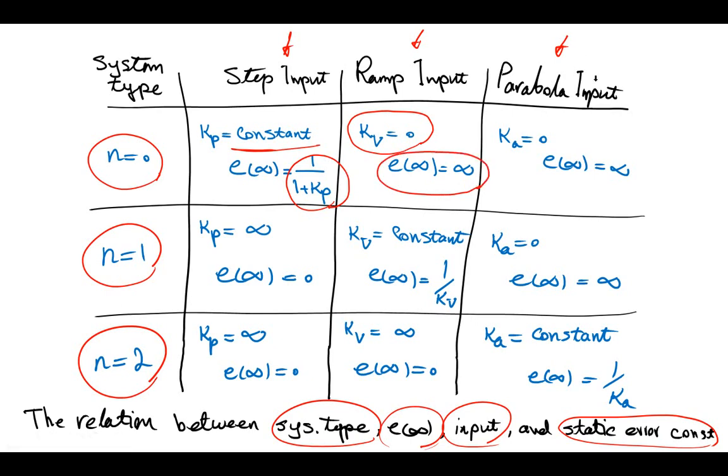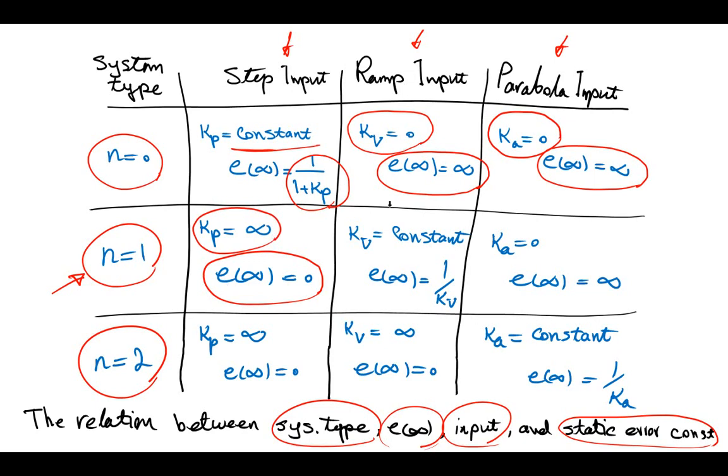The parabola input, system type 0, which means no pure integrator, a steady state error will be infinity, and the acceleration constant will be 0. System type 1, unit step, will result in a steady state error equal to 0 and the position constant of infinity.